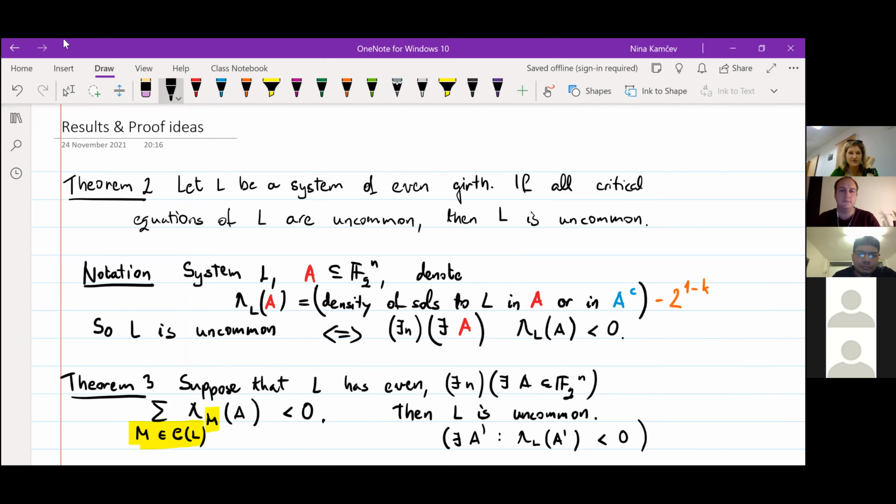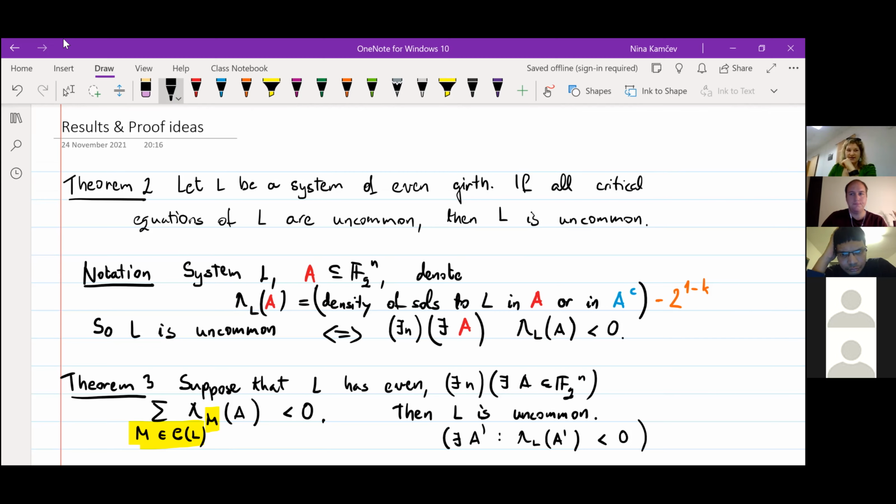That's the difference. But actually, that's what I was about to say. Theorem 3 is seemingly stronger than theorem 2. But in order to derive theorem 2, we need to somehow come up with these certificates, which are common to all the critical equations of L.